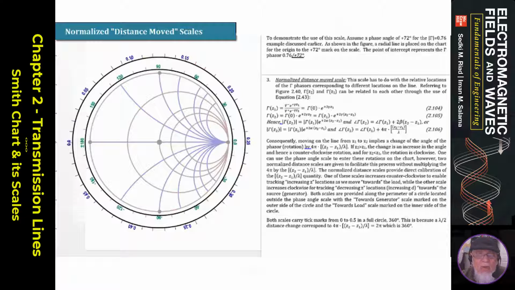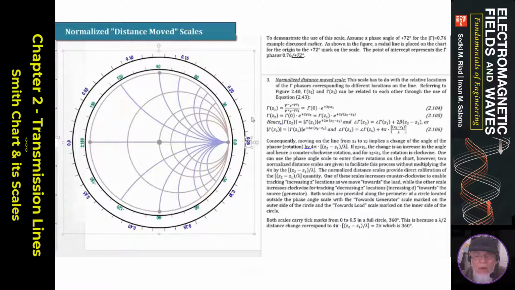If you look at this number here, that's 0, and a quarter corresponds to 180 degrees. So this is actually a quarter wavelength. So these numbers here are calibrated in a linear fashion, in a linear scale, to go from 0 to a quarter wavelength, and that corresponds to 180 degrees. If I were to continue, that would be 0.5 wavelength. That's a full rotation. Again, half a wavelength gives you 2 pi.